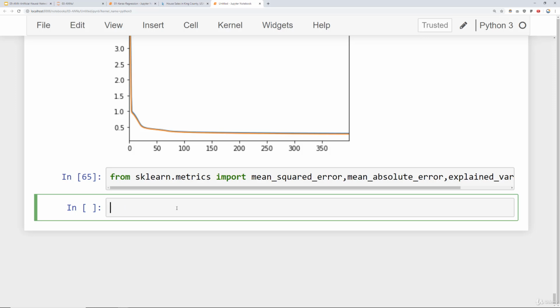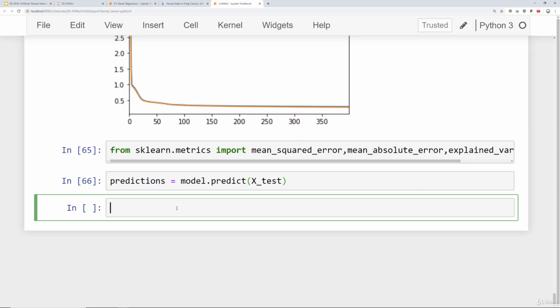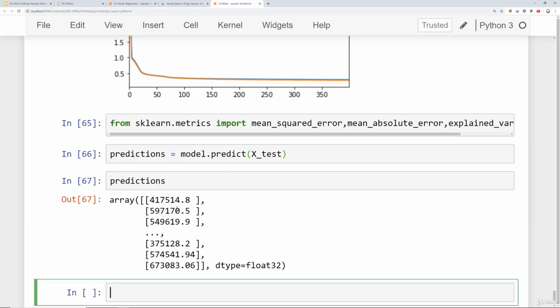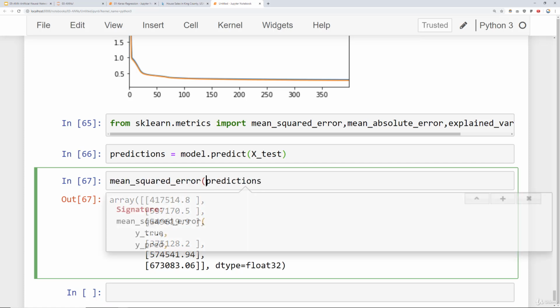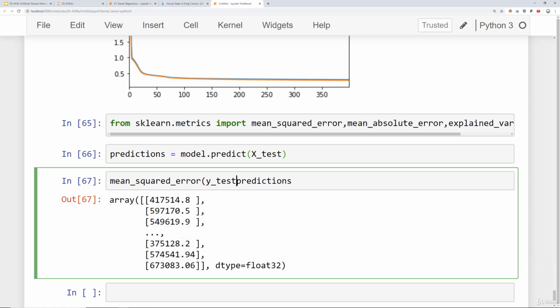What we do here is we grab our predictions by saying model.predict on the test set. We run that, and now we have our list of predictions, and we're going to simply compare these to what we know are the correct values. We can call mean squared error or mean absolute error. We can do both. We first pass in y_true, which is y_test, and then we compare that to our predictions.